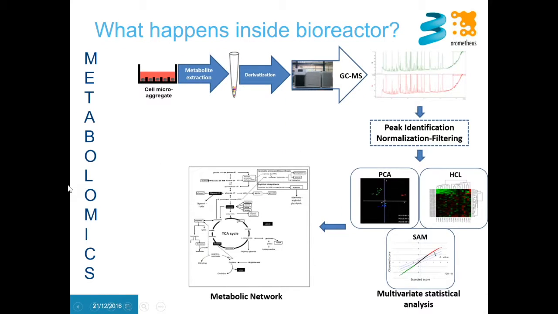Now, how can we validate this or connect this again to things that we can measure? We're performing metabolomics on the medium of the scaffold so that we can look for additional markers that might be interesting. Maybe oxygen and glucose, although they're routinely used, are not the best indicators of what is going on inside the scaffold. So we are performing metabolomics to get a better idea of that.